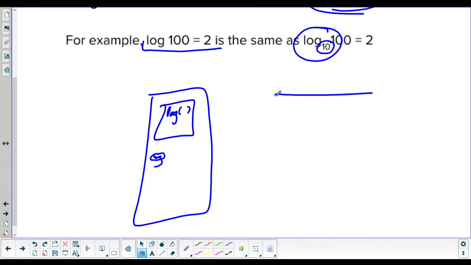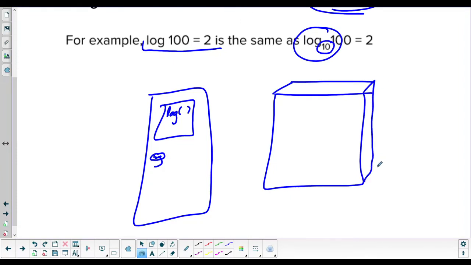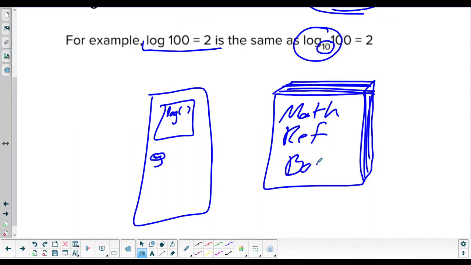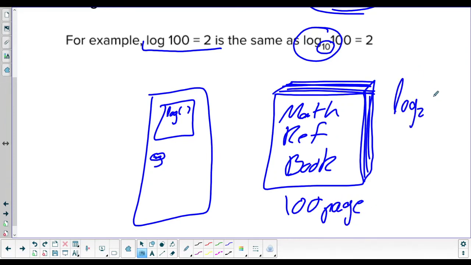When my parents were in high school, they had this really big book. I forget what it's called, but it's just like a math reference book. And there would be like 100 pages of just log base 2 of 3 equals 1.13 blah blah blah, right? And it'll just tell you the answer to this log problem. And there's like 100 pages of just answers to log problems, and you had to look them up in a book.